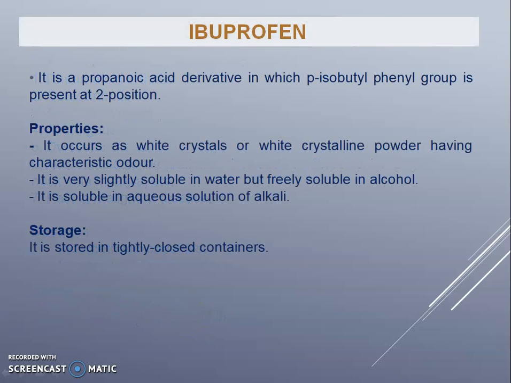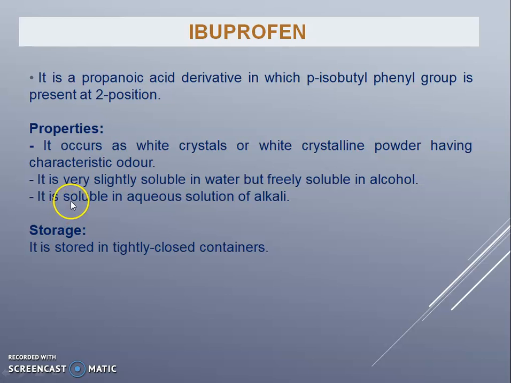Now next drug is ibuprofen. It is a propionic acid derivative in which para-isobutyl phenyl group is present at 2 position. Property: it occurs as white crystalline powder having characteristic odor. It is very slightly soluble in water but freely soluble in alcohol. It is soluble in aqueous solutions of alkali.